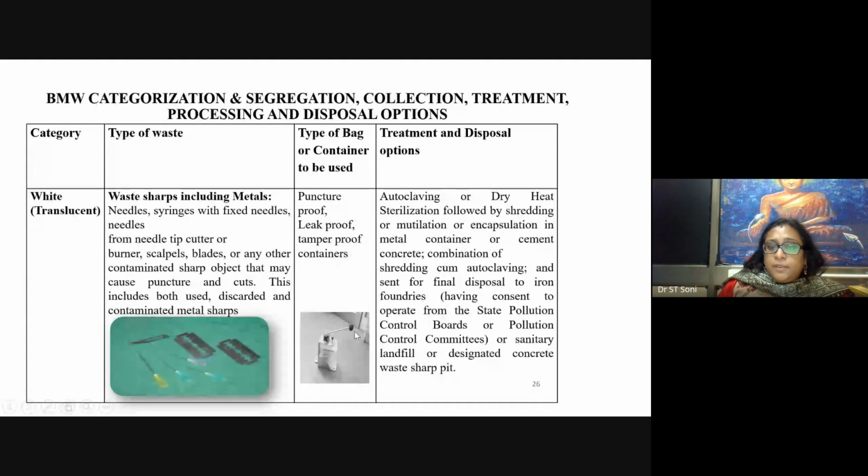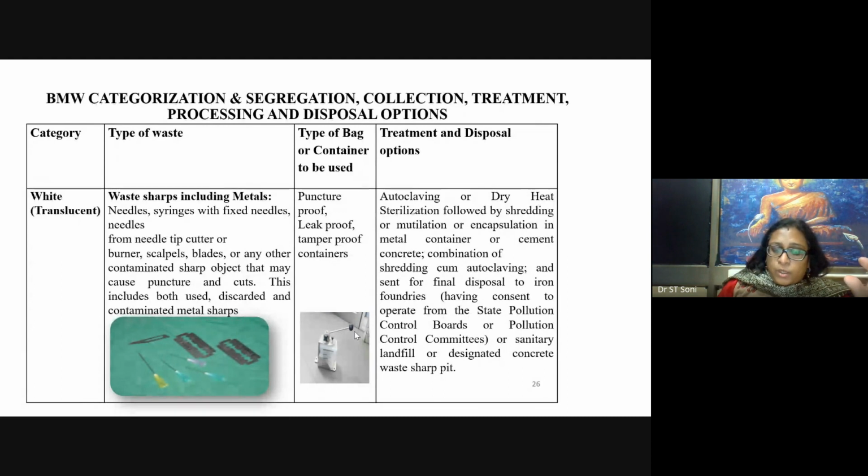We are supposed to discard them in a puncture proof, tamper proof, leak proof container, which is auto lockable. And once it is three-fourths filled, you lock it, and you have to submit this entire container. So you can't reuse these containers.